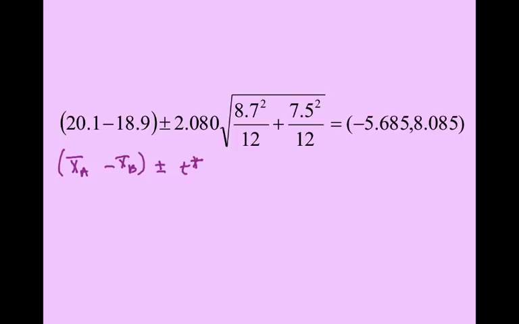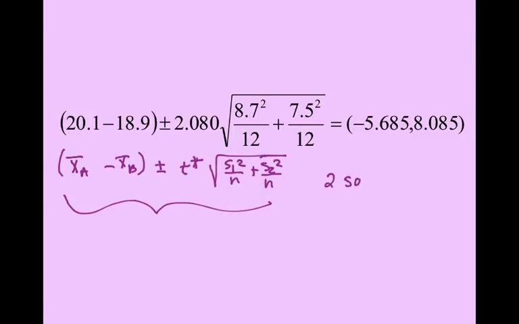Obviously, you can do this in your calculator as well. Remember, when you're calculating a confidence interval, you either have to name the confidence interval by name or formula. So you could include this formula that I'm drawing right here. You would get credit for naming it by formula, or by name, it's a two-sample t confidence interval for means.